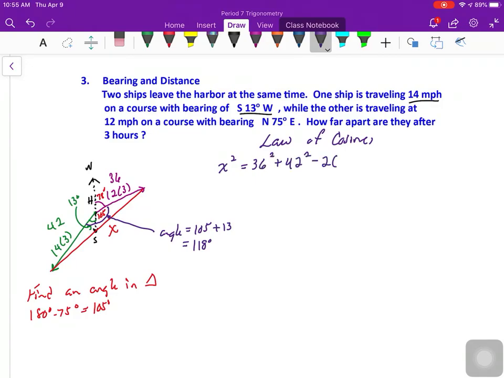And again, it's law of cosines. So I'll have x squared equals 36 squared plus 42 squared minus 2 times 36 times 42 times the cosine of 118 degrees.